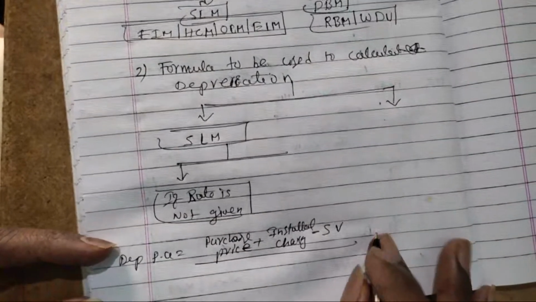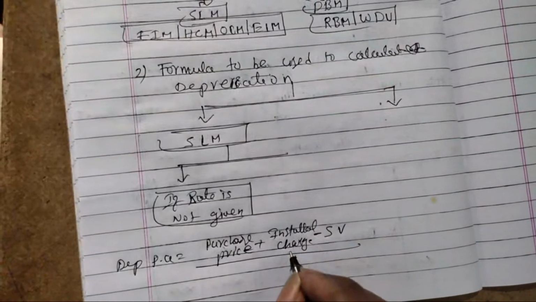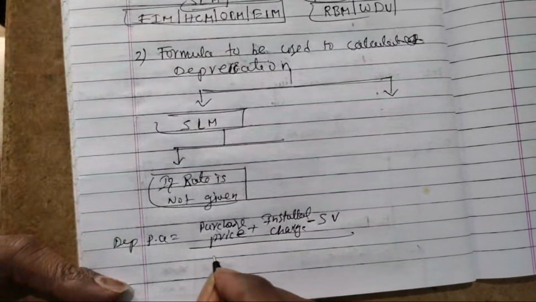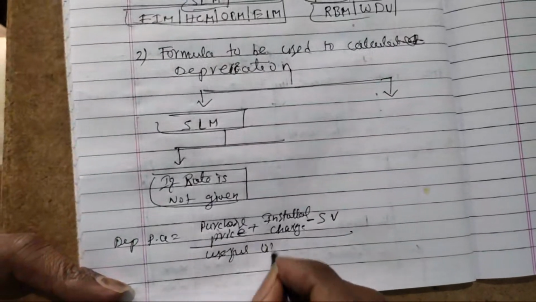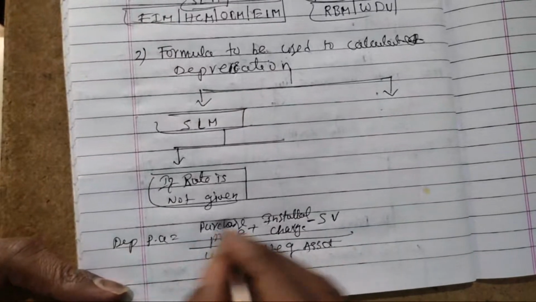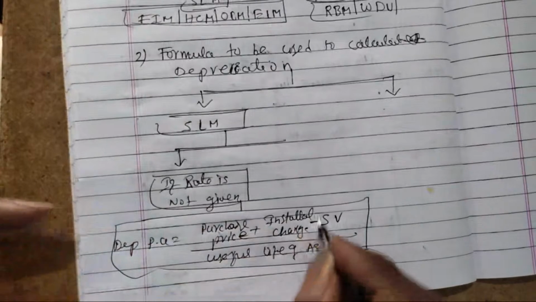Scrap value or residual value you will call it, installation charges or erection charges will be given, and the estimated useful life of the asset will be given. If rate is not given, this formula you are going to use.